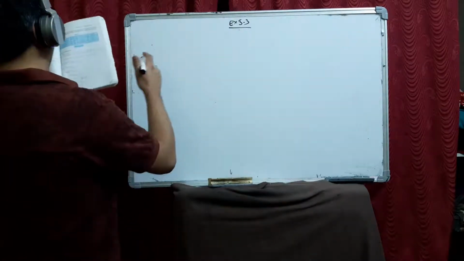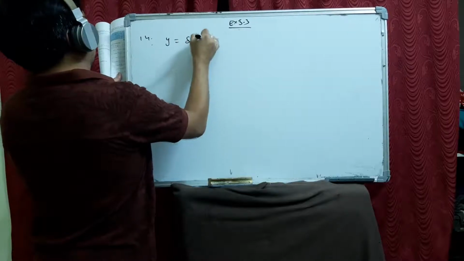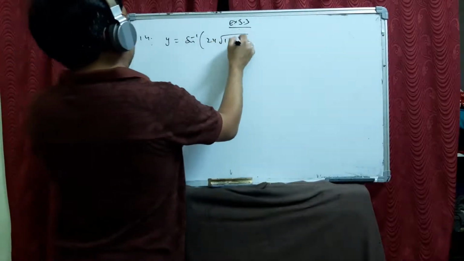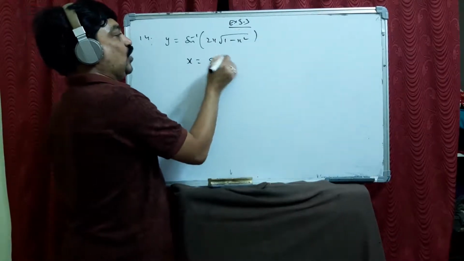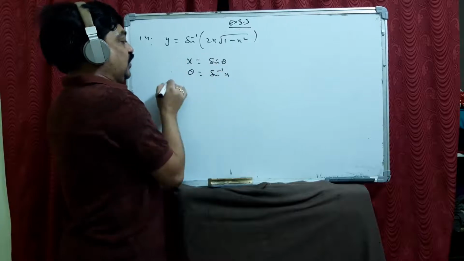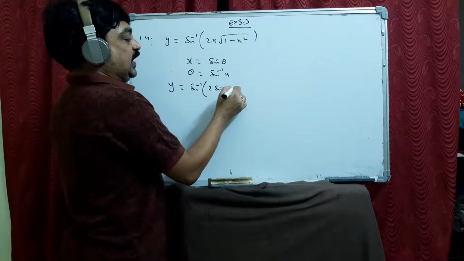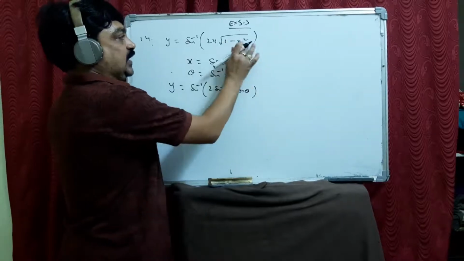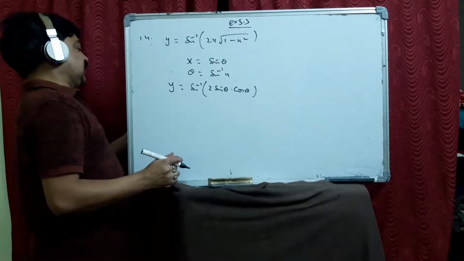See the 14th problem. See, this is not of substituting tan. It is a little different. So we have to substitute x as sin theta or cos theta, so that the inside value becomes, see what happens, 2 sin theta, and it becomes cos theta, because 1 minus sin square is cos square and root of cos square is cos theta. Yes.